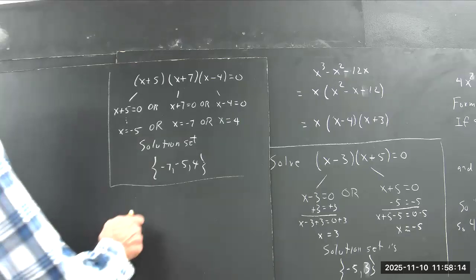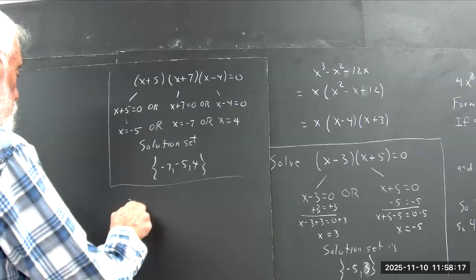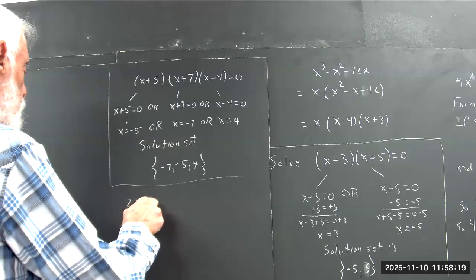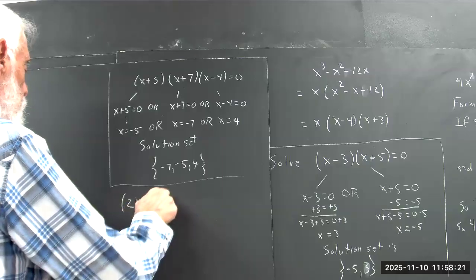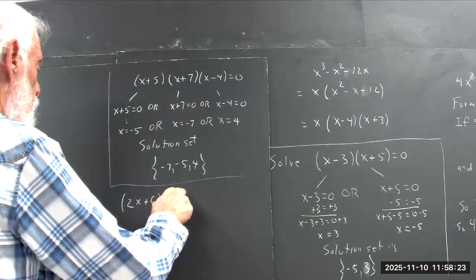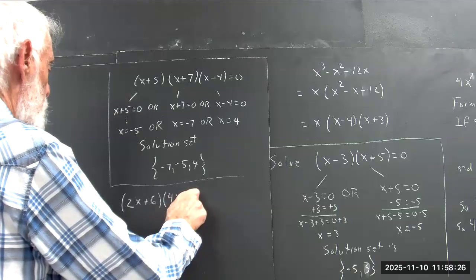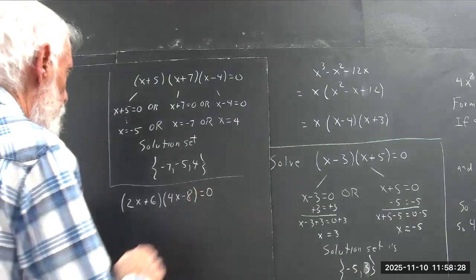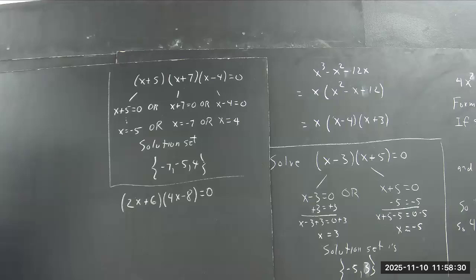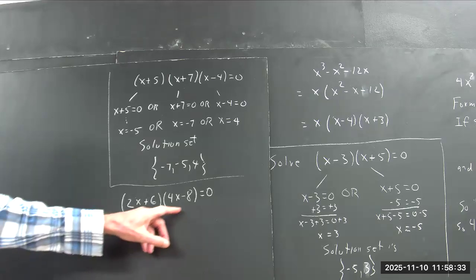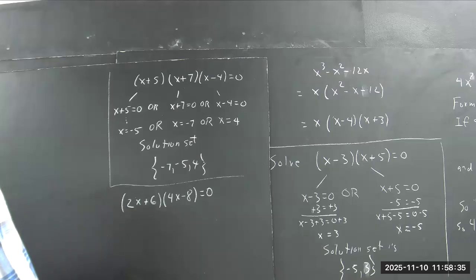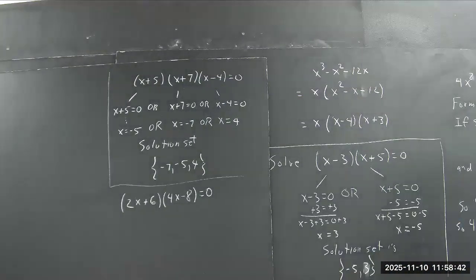Okay, now let's try one more. All right, 2x plus 6 times 4x minus 8 equals 0. Let's try to follow the exact form that I used until you get to the point where you got to do just a little more algebra.